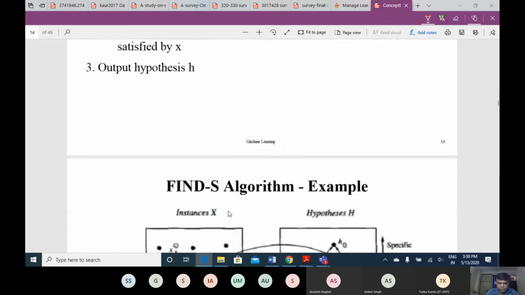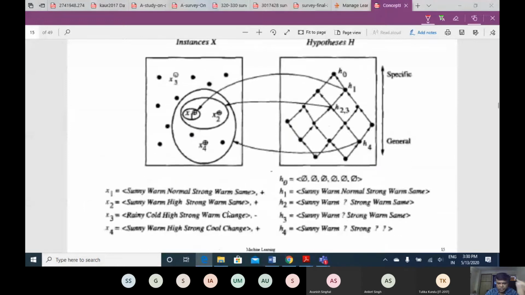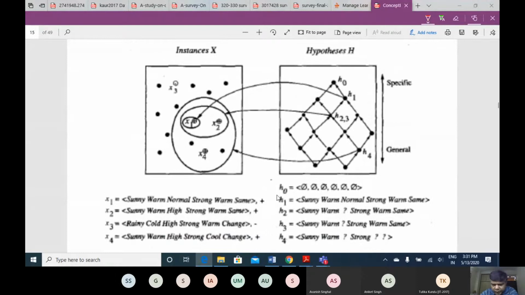You will go through this algorithm later on. I'll just quickly show you how you can generate it. You start with the most specific hypothesis, that is 0, 0, 0, 0, 0, 0. That means there is no row in that table which can satisfy the concept. That is the most specific hypothesis.